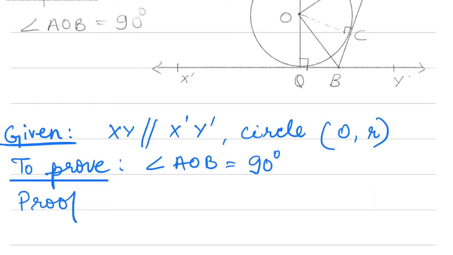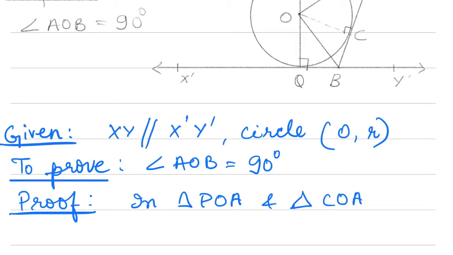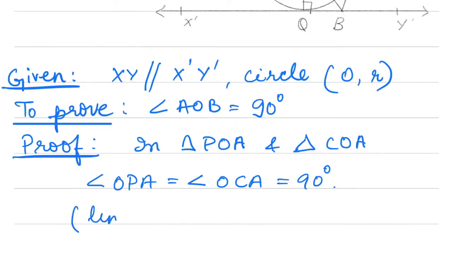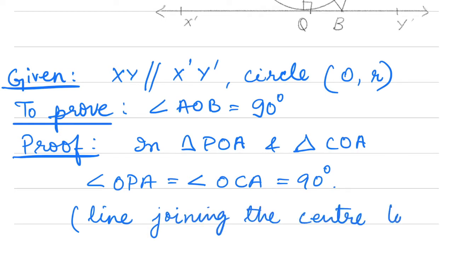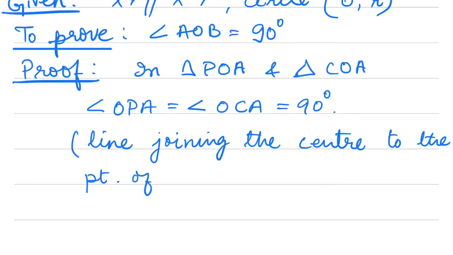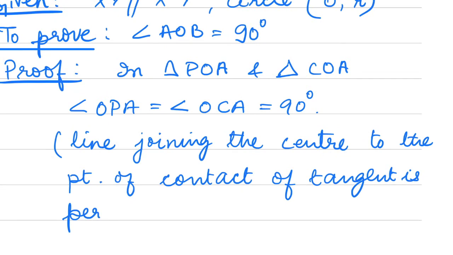Now prove in triangle POA and triangle COA, we have angle OPA is equal to angle OCA, and both are equal to 90 degree because the line joining the center to the point of contact of tangent is perpendicular to the tangent.